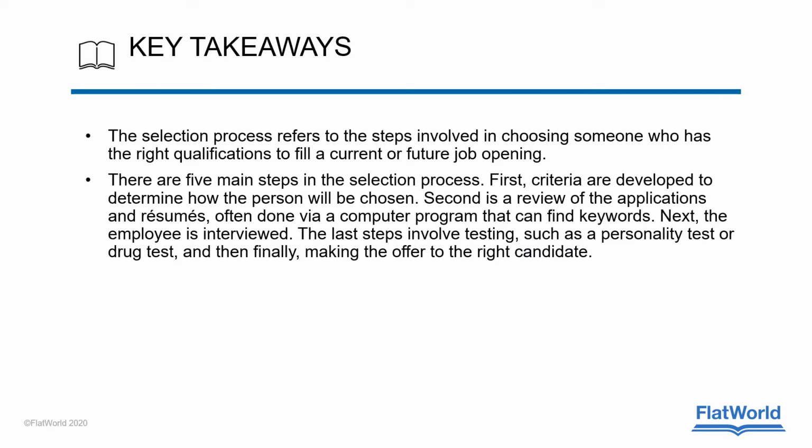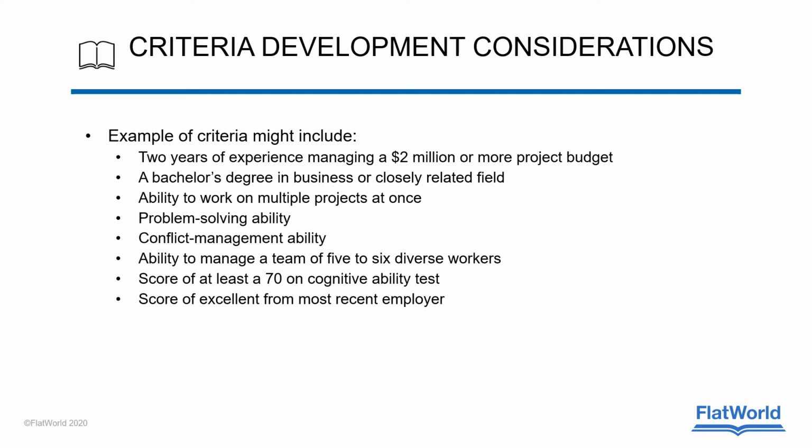So some key takeaways. The selection process refers to the steps involved. There are 5 main steps in the process, which we talked about, and the criteria development considerations that you might keep in mind.